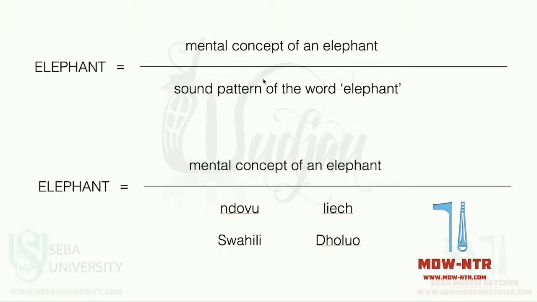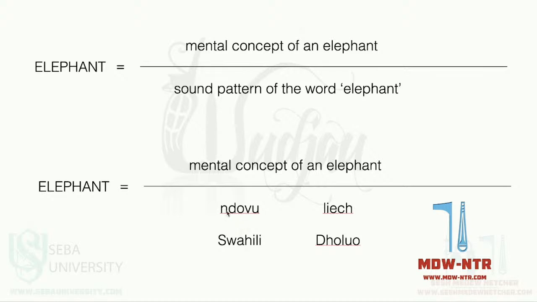Now, to illustrate this, let's take the same mental concept of this large gray animal with the snout, etc. But now look at the form side. On the form side, we have this form here, ndovu. Ndovu sounds nothing like the word elephant or the pronunciation of elephant. They don't sound anything alike.